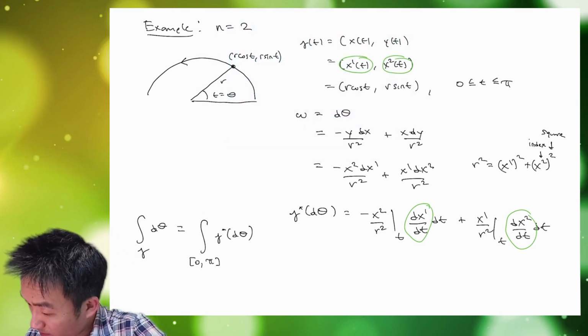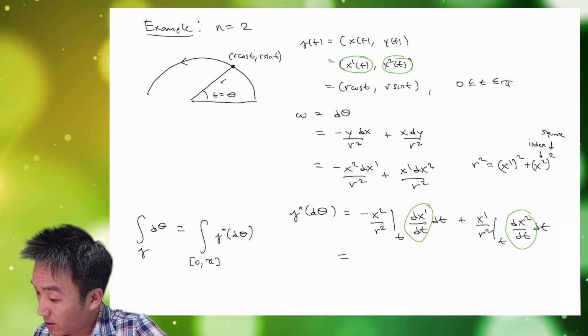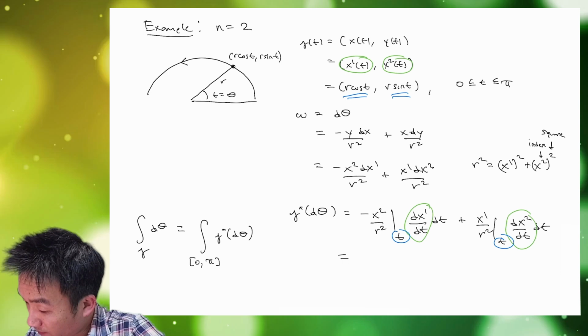Okay, and so let's just substitute in the expressions, actually. When we substitute in at time t, we just make use of these expressions, right? So we have r cosine t, r squared.